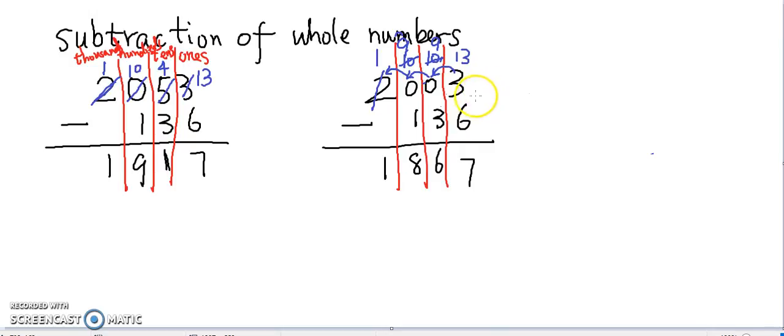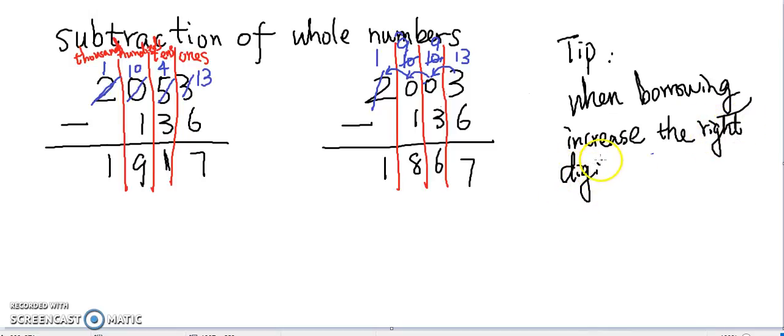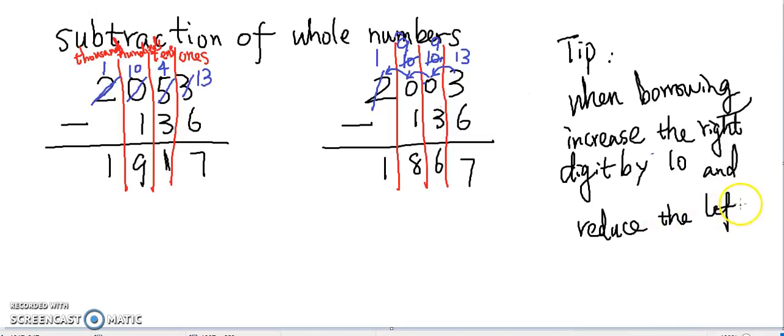So whenever you borrow, you're going to increase the right side digit. So the tip is, when we do the borrowing, we increase the right side digit by 10 and reduce the left digit by 1.